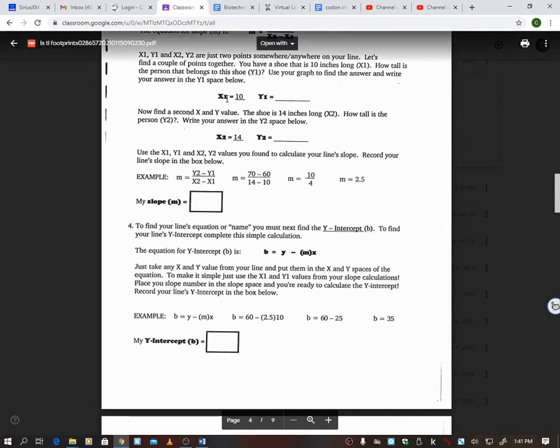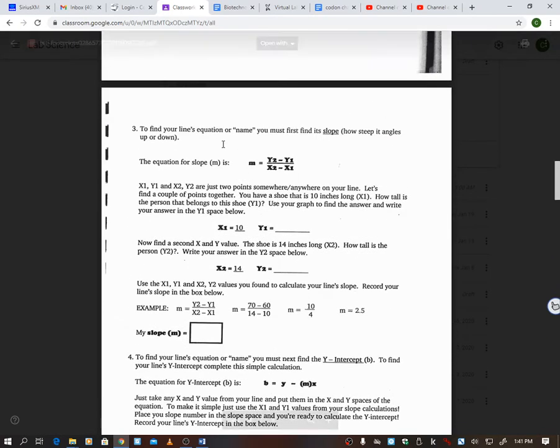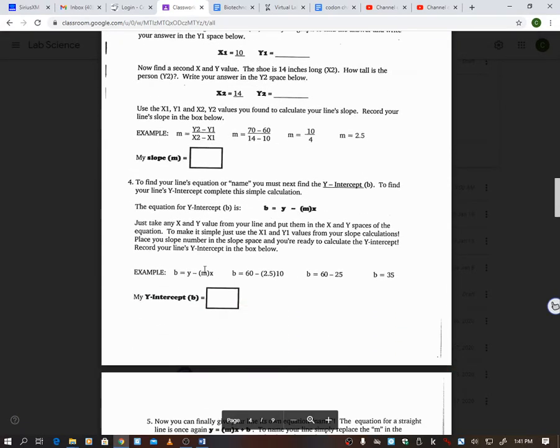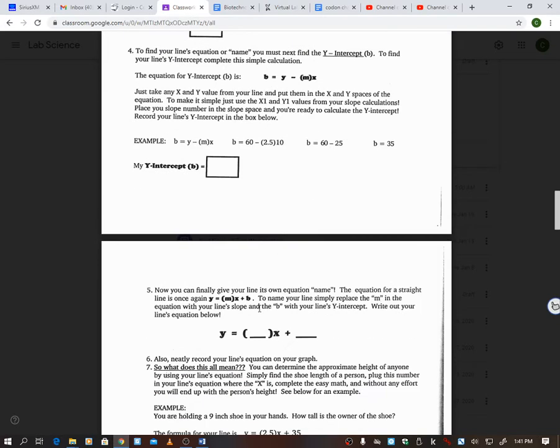So my x1 is going to be 10, that's what I'm going to put in here. You need to go up here and see what you found that your y was. That's what's going to be your y. You know your m, you found that out. Your slope, you found that right here in this box. So you have y, your slope, and your x, and you're going to find your y-intercept.